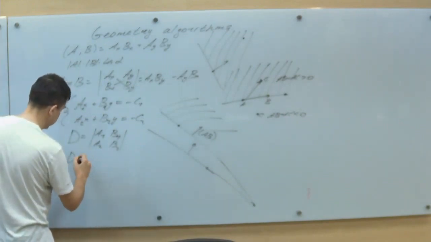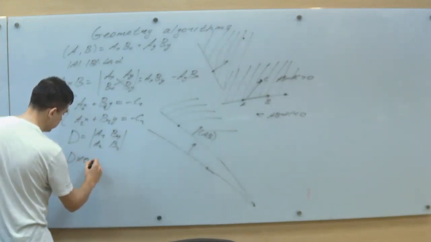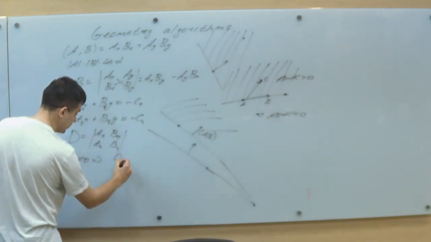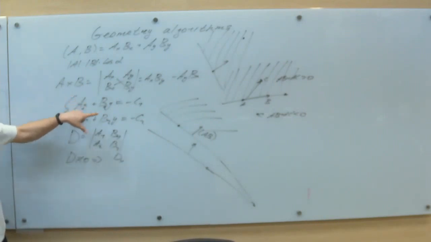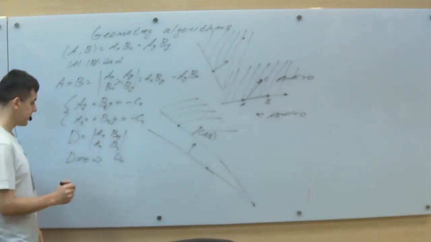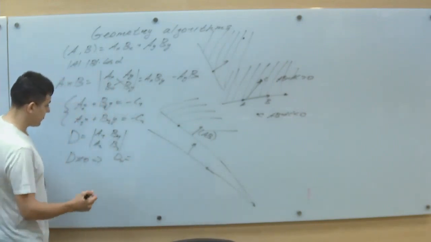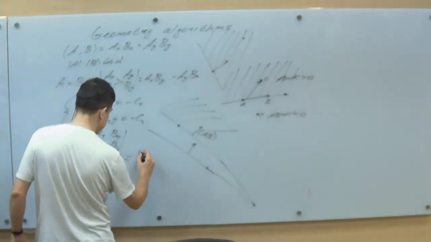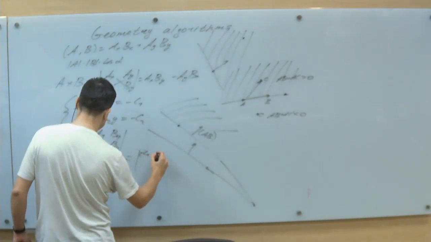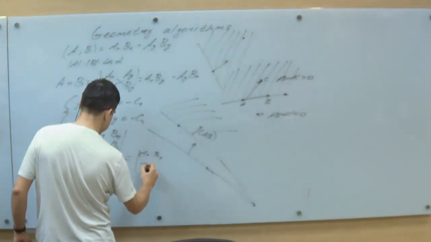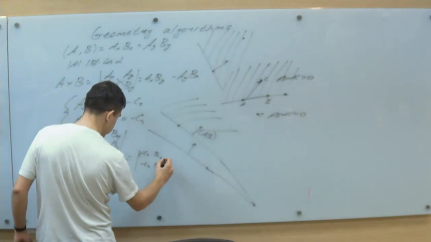Then, if it's not 0, I calculate the x. So basically instead of the a's, I plug in the right side. So it's minus C1 B1 minus C2 B2.